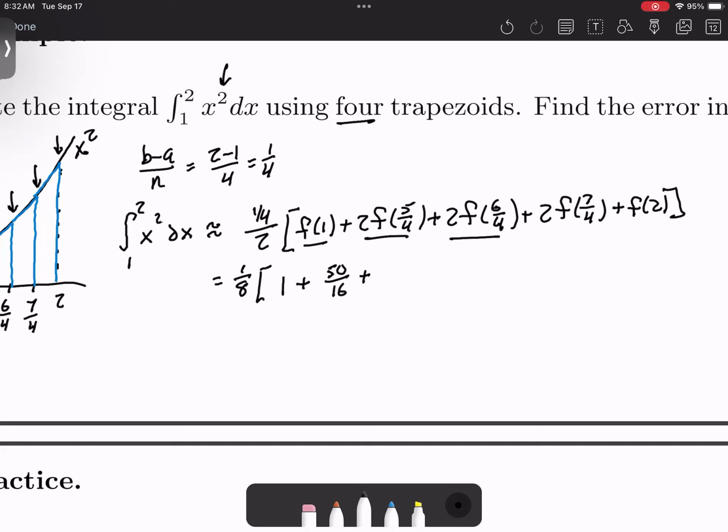So after you run through that algebra, you end up at 18/4. And here we have 2f of 7/4. That's 98/16. And then we have f of 2, which would be a 4. So when the algebra clears the room, we end up at 300/128, or about 2.3438.